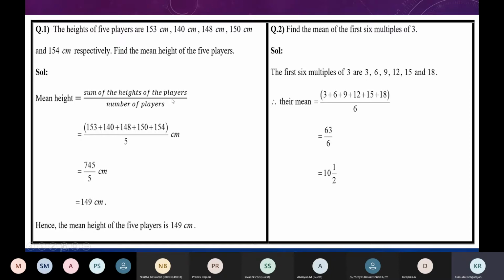So we need to add all these numbers and divide by 5 because we have 5 numbers. The sum in the numerator is 745 by 5, which is 149 centimeters. So the mean height of the 5 players is 149 centimeters.